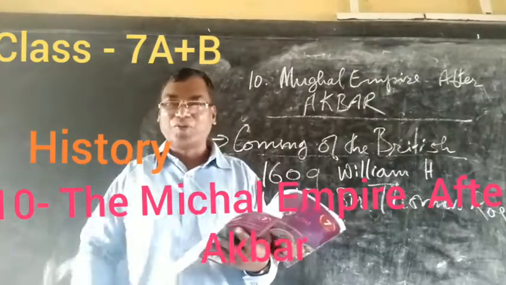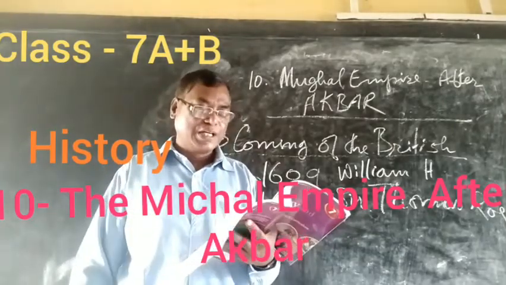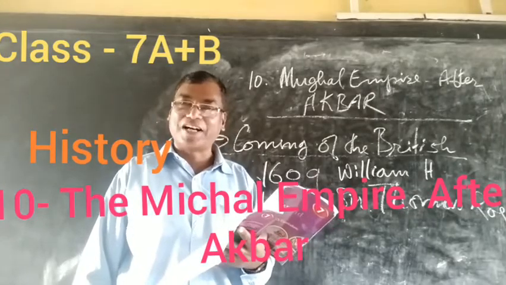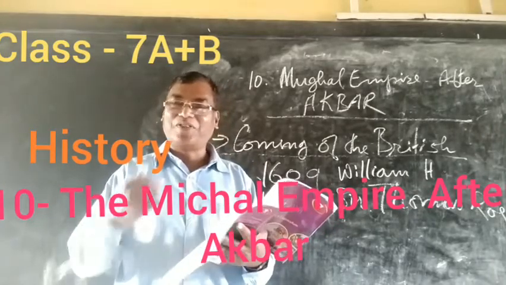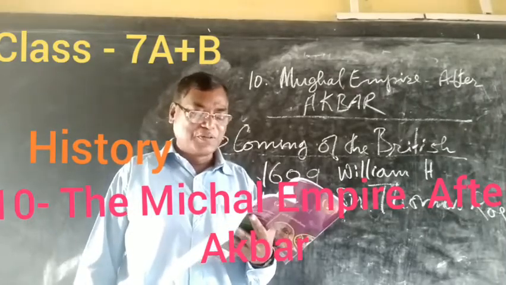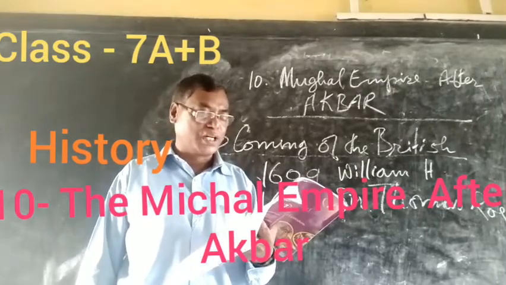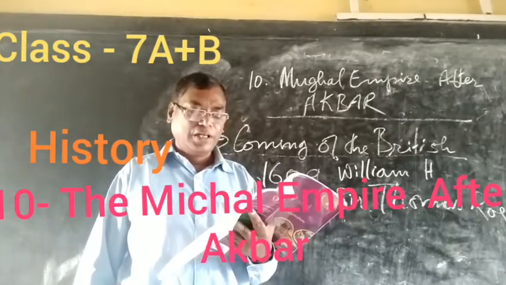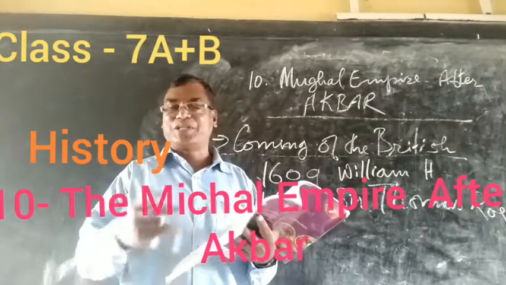Now Jahangir, let us go back now. Jahangir, like his father, was a people's ruler and looked after their well-being. Who was the father of Jahangir? Please note that. He installed a chain of justice.